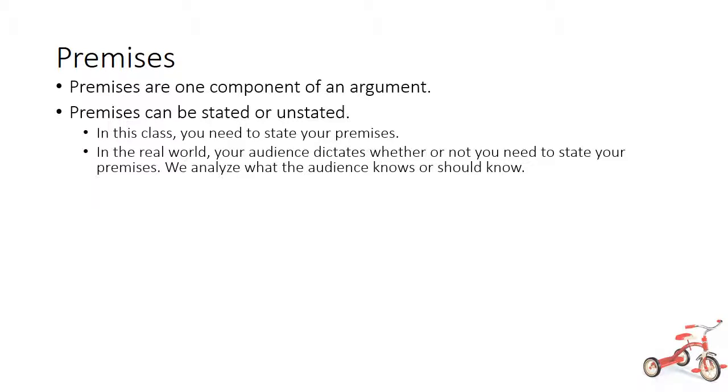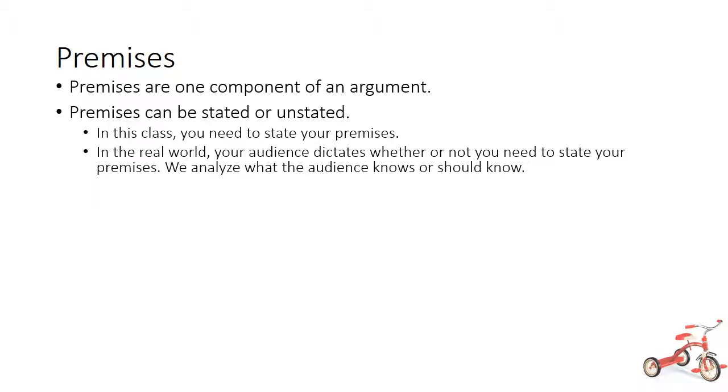We analyze the audience and decide what they know or should know prior to you presenting the argument, and we decide, do I need to be overtly obvious about my premises, or can they fill in some blanks? The blanks they can fill in, those are the premises you don't have to state in the real world. In the classroom, you should probably state them until you get really good at analyzing your audience, right?